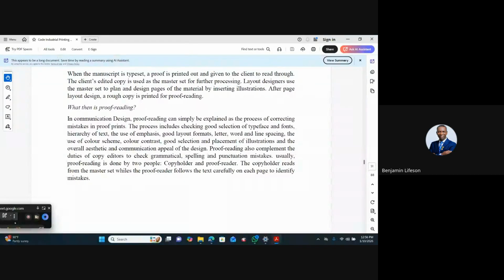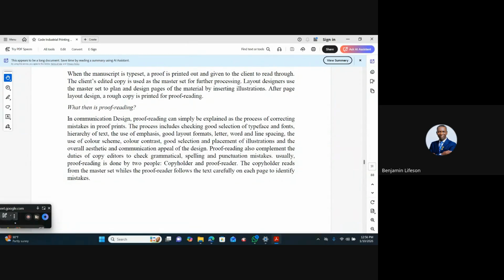So looking at proofreading, what then is proofreading? Proofreading is a process of carefully reading a text to find and correct errors in the grammar, the spelling, the punctuation, and formatting. It also focuses on language accuracy, not the design.